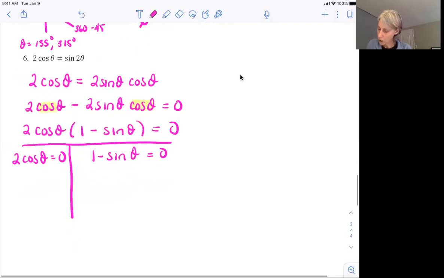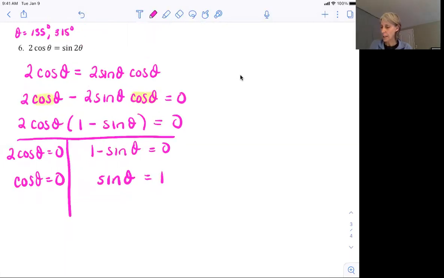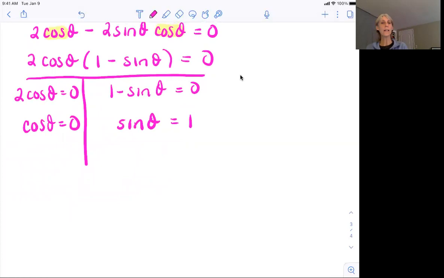So my solution is going to be where the cosine of theta equals 0, or when the sine theta is equal to 1.